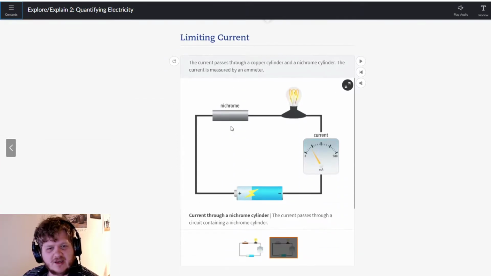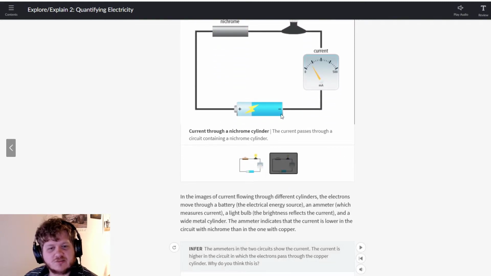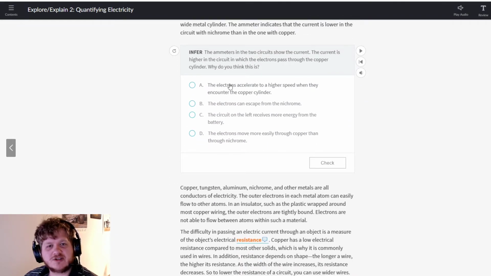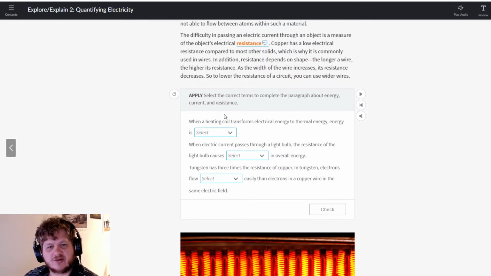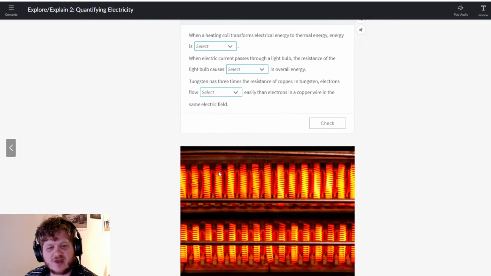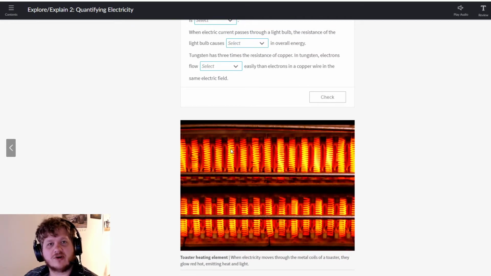You'll be going through here, looking at how different things affect it. In this first example, you'll be looking at the comparison of current between a copper tube and a nichrome tube. The nichrome tube, of course, has more resistance, which you'll read about, and then you'll answer a few more questions about what it really means to have more resistance. Further on, it talks about how we use things like tungsten in heating element wires, like the coils of a toaster or a space heater.